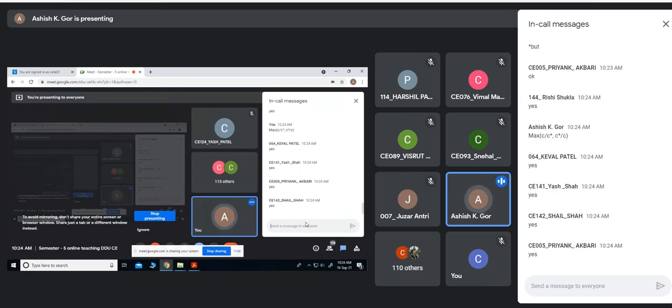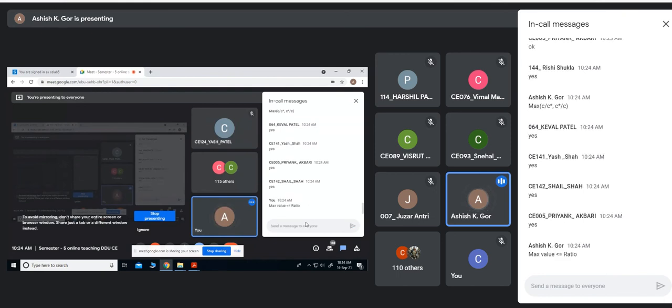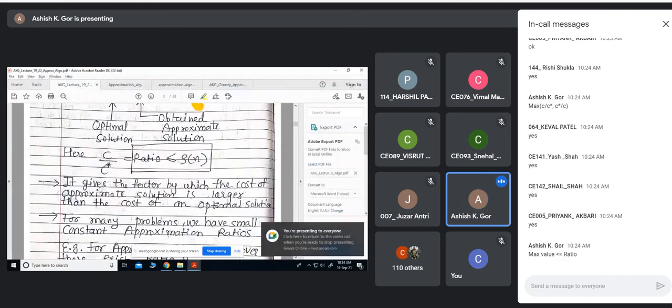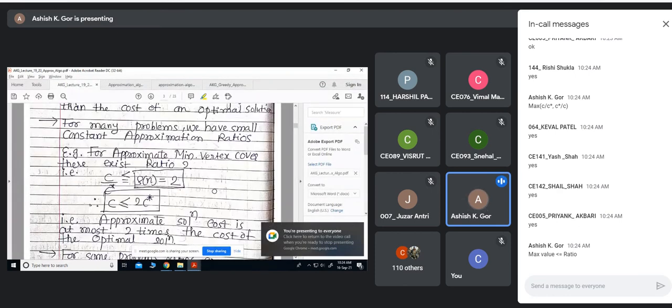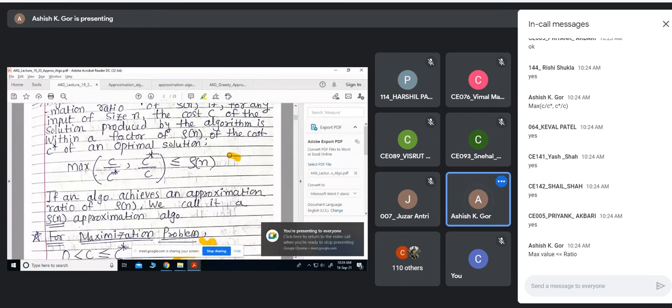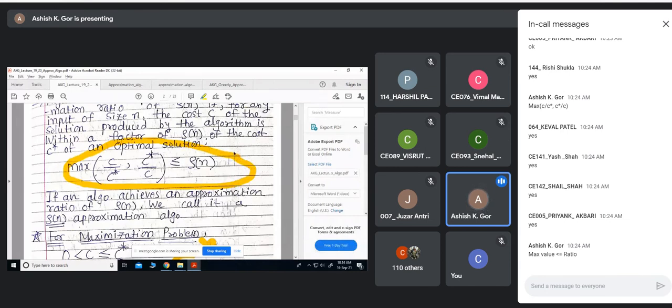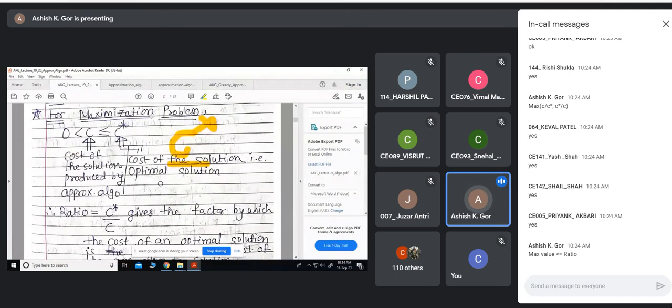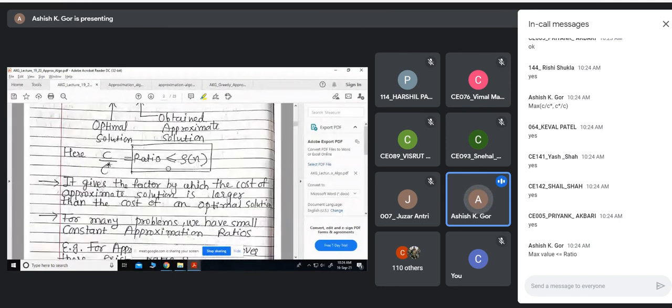So I will compare this maximum value with a ratio, which is rho of n. But remember, for you, it is sufficient that if it is a minimization problem, you find C upon C star less than or equal to rho of n. If it is a maximization problem, you find C star upon C and compare it with rho of n. So you need to actually prove that it is less than or equal to some rho of n, which is a ratio.